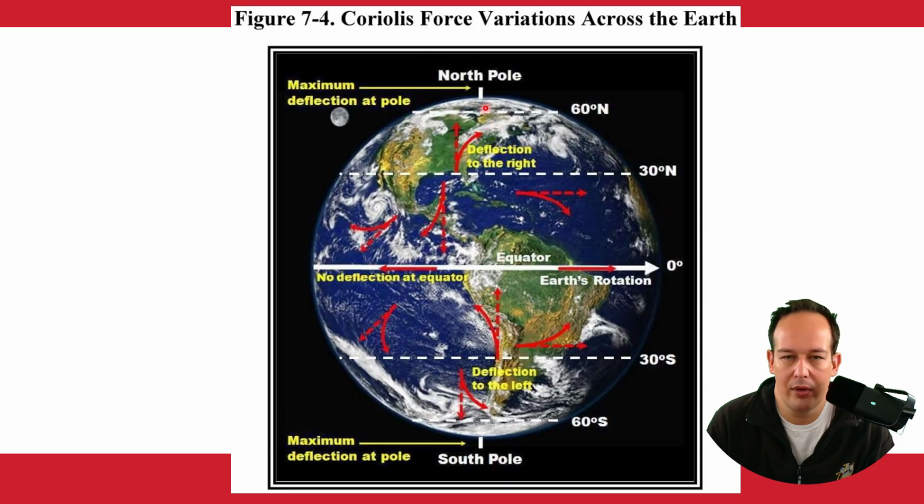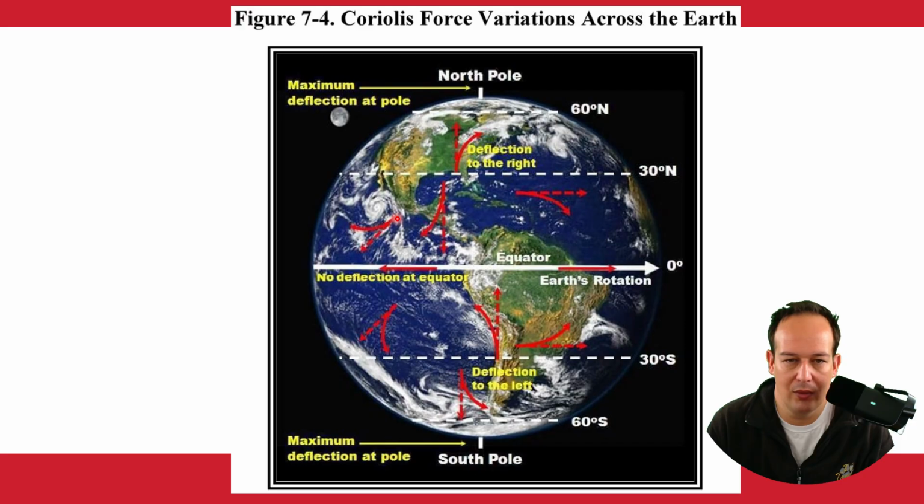So here in the northern hemisphere, remember that wind gets deflected to the right. So here in the 30 to 60 degrees latitude, as the wind is trying to move north, the wind gets deflected to the right. Okay, this wind right here, as the wind tries to move to the east, the wind gets deflected to the right. Okay, this wind right here, as it gets deflected to the south, it wants to go to the right.